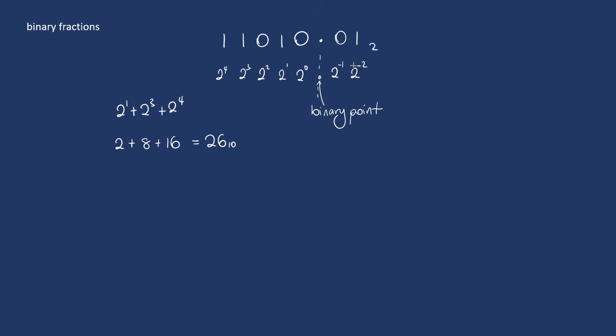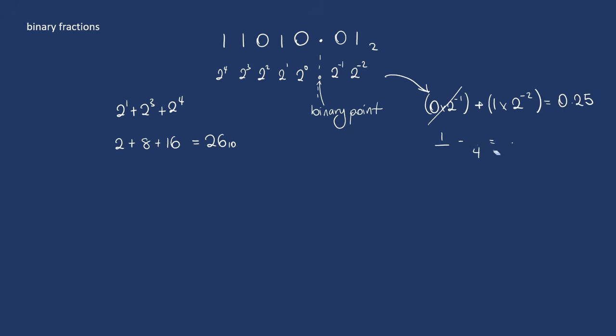If we were to convert the fractional part, that's going to be 0 times 2 raised to the minus 1, which is 0, plus 1 times 2 raised to the power negative 2. So this is going to be 0, and this is going to be 1 over 2 squared, which is 1 over 4, which is 0.25. 1 over 4 is a quarter.